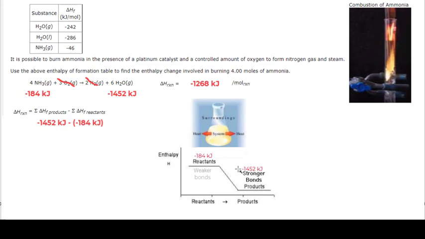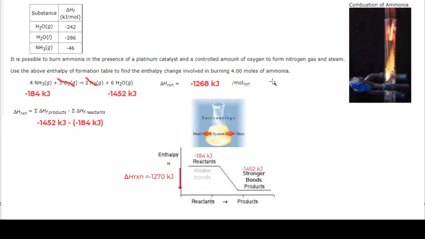And when that happens, kinetic energy is released. That's these flames that come out of here. The heat that goes out of the system that blew up that yogurt factory and has our products. And our results, our nitrogen and steam, have less stored energy in them because that energy was released. So it's important to remember that. If you have any combustion reaction, your final answer has to be exothermic.